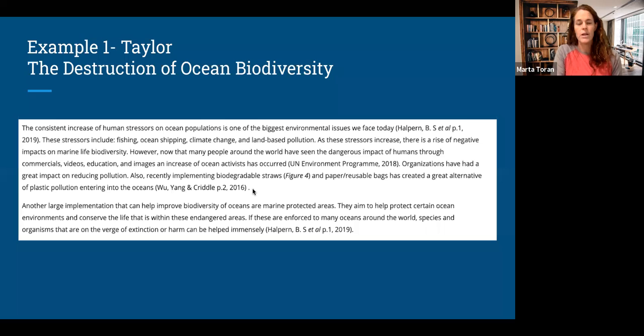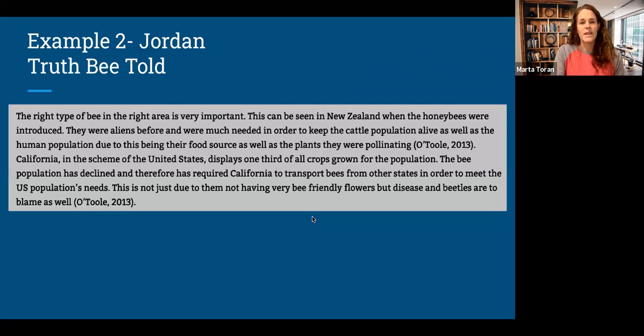On the other hand, she also mentions some of the alternatives that are being studied to reduce ocean pollution, like biodegradable straws and paper reusable bags. And the source of that claim is Wu, Yang, and Criddle, 2016.